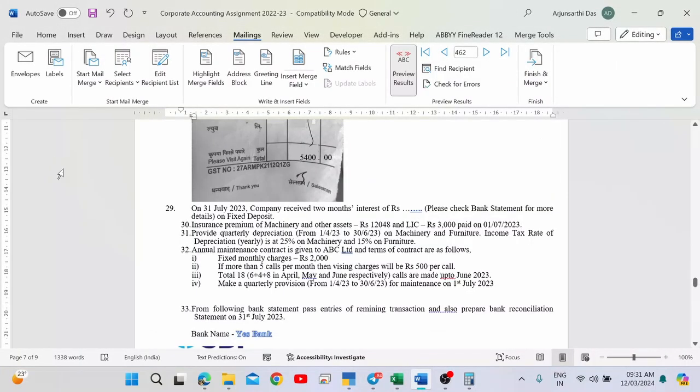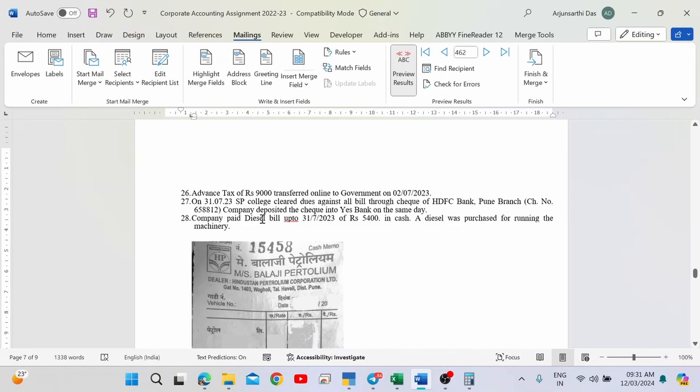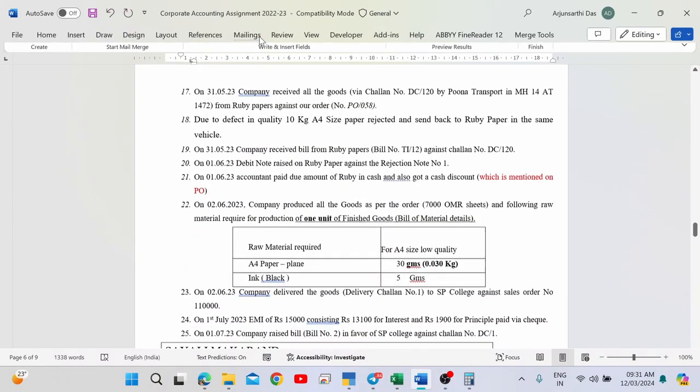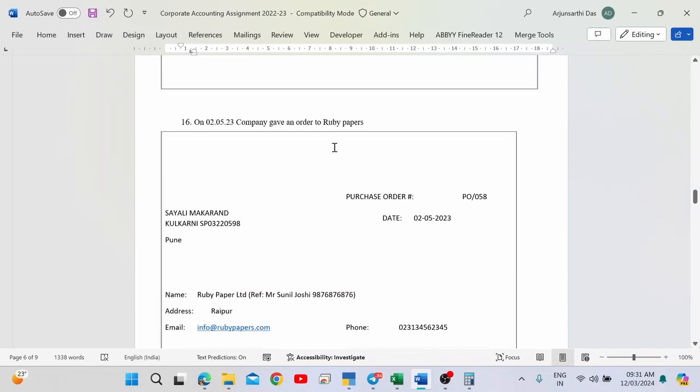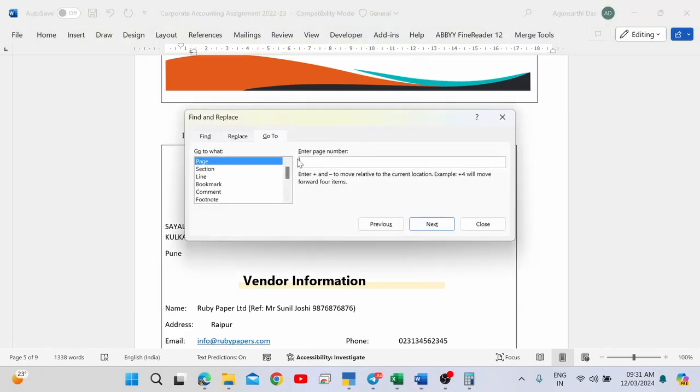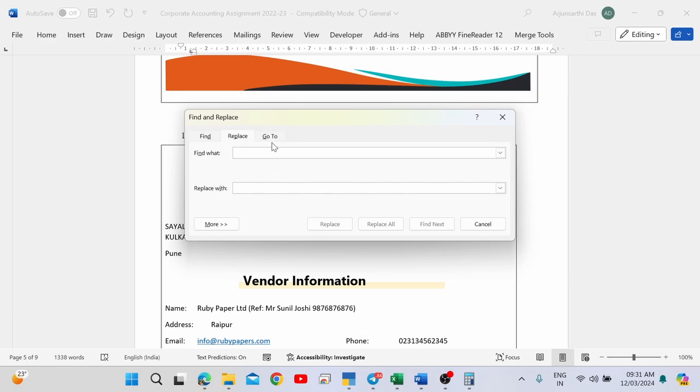I have rectified the project file as well. Sometimes what happened while rectifying last year's file, I used the command Control F and then the replace option. Wherever 22 was there, I told the computer to make it 23.